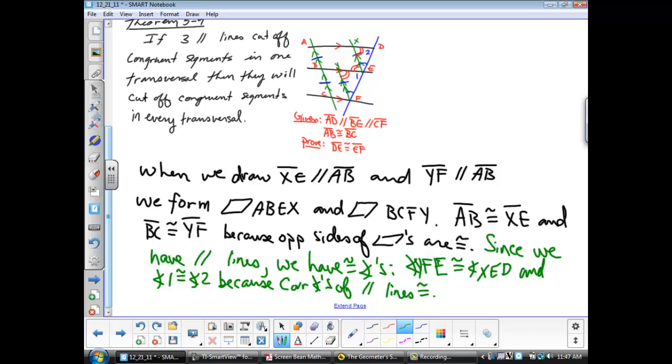This is actually postulate 10. You want to give a postulate number.